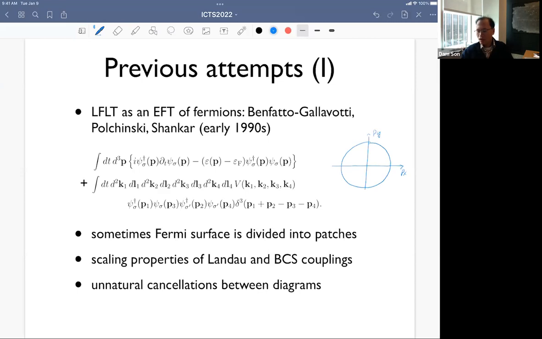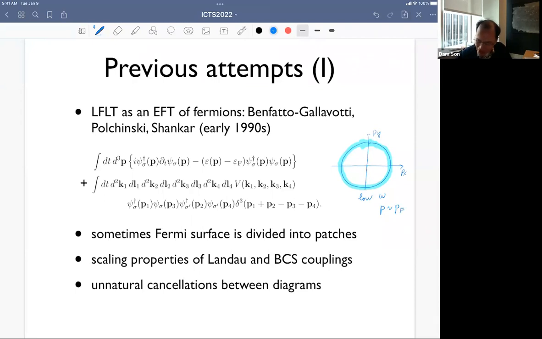In this way of thinking, we would be concentrating our attention on degrees of freedom that have low energies, but right away we see that the situation is very different from the usual situation in field theory. The low energy degree of freedom has low omega, but the momentum of these degrees of freedom would still be of the same order of magnitude as p_F. So low energy doesn't mean low momentum.